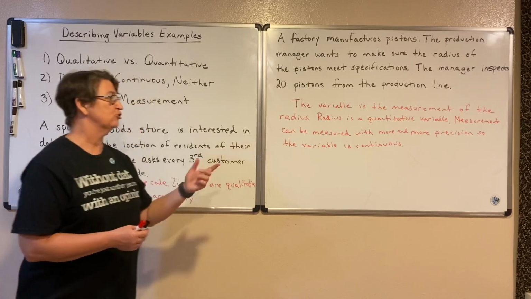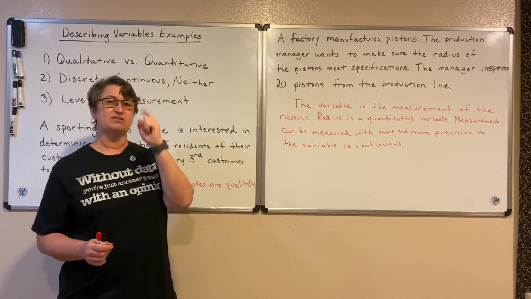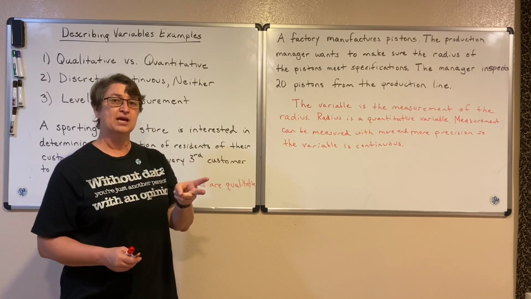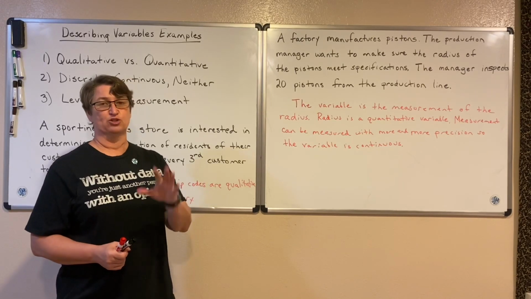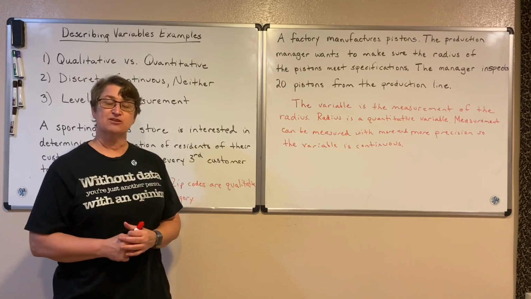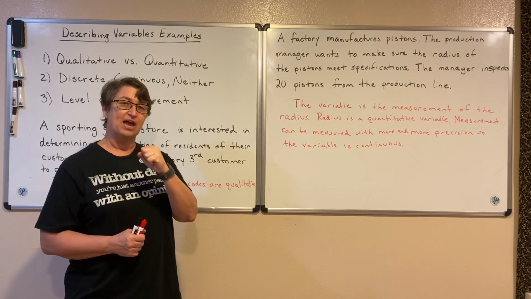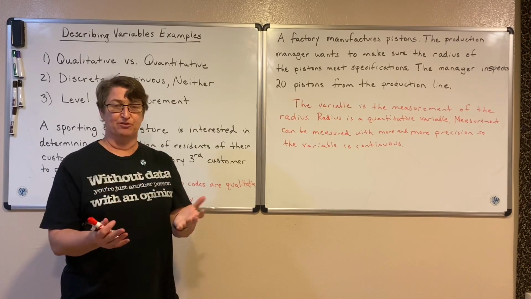So the first thing I do is I realize that it's quantitative. Since it's a quantitative variable, it's either going to be an interval level of measurement or it's going to be a ratio level of measurement, those two higher levels of measurement. Then I ask myself, is there a true zero or not? If I say my radius is 0, is there an absence of something?